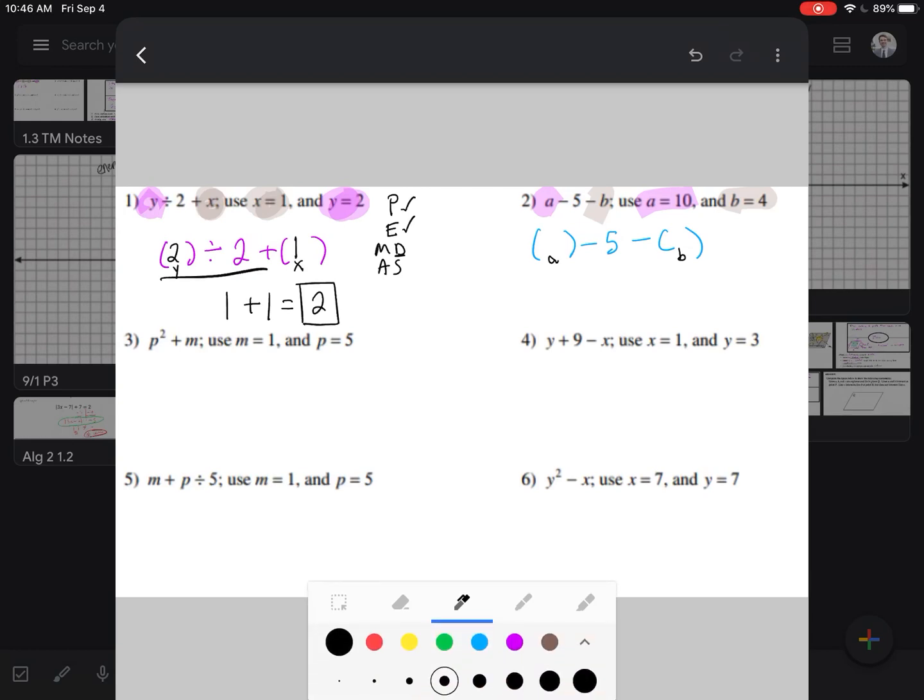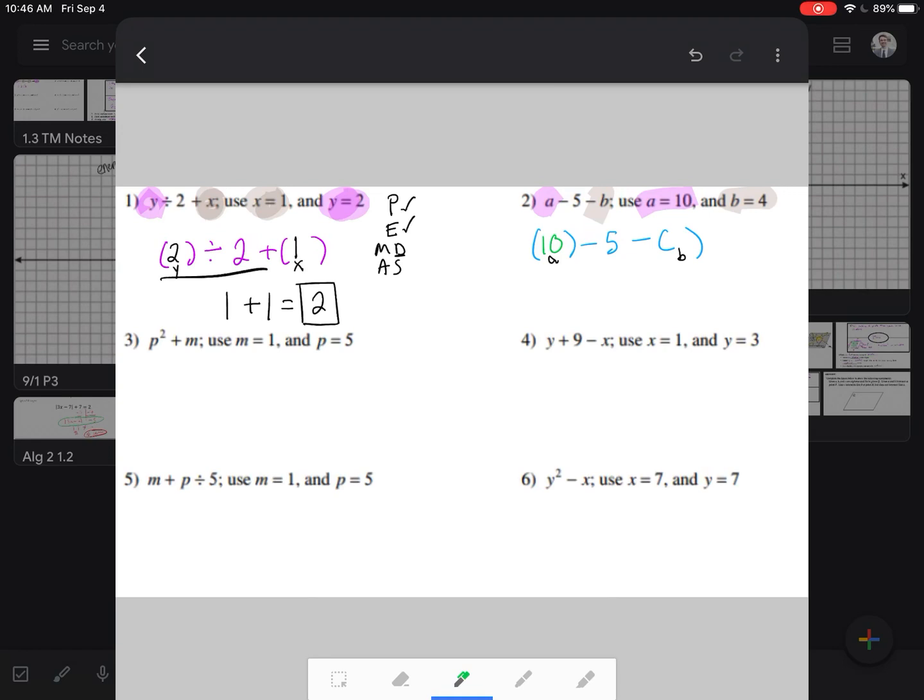And this is why high quality work is so important, because I know that we can subtract 10 minus 5, but making sure that we're plugging in the right numbers to do that is the real challenge of the organization and attention to detail. So A is 10, B is 4. Again, thinking about PEMDAS. And here we're just on that last level of just subtraction. So the order basically doesn't matter, but I'll just go left to right here. So a final answer of 1.